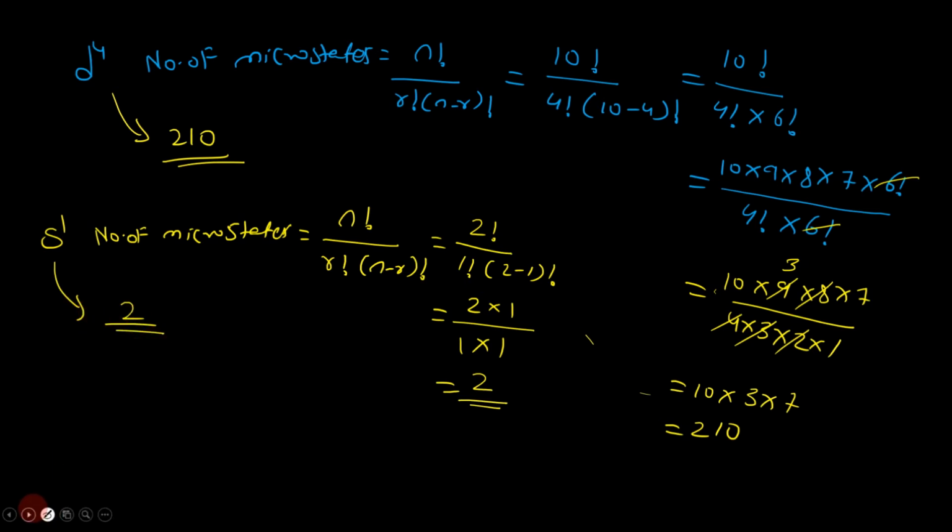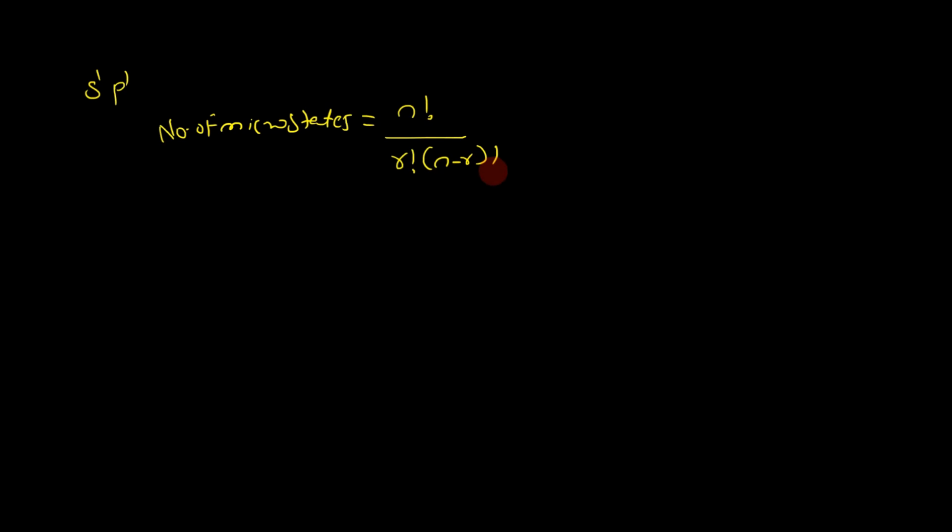Okay, now let's move to the next example. Suppose in the exam they ask you to calculate the number of macrostates for S1 and P1. We use the same formula, the number of macrostates is n factorial upon r factorial n minus r factorial, multiplied by n factorial upon r factorial n minus r factorial.